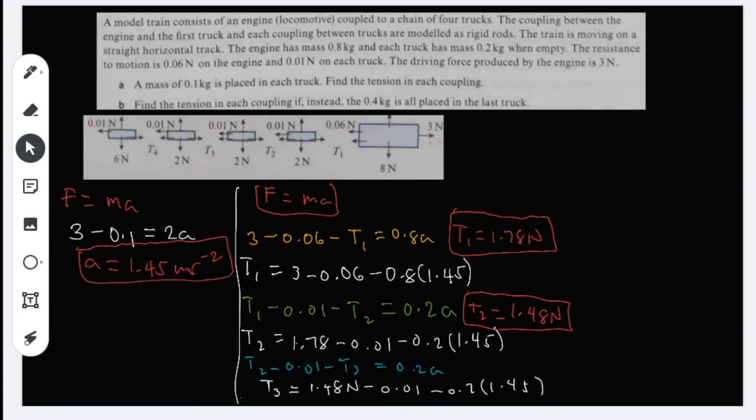So this will give us the value of T sub 3 equal to 1.18 Newton. T sub 3 will be 1.18 Newton.